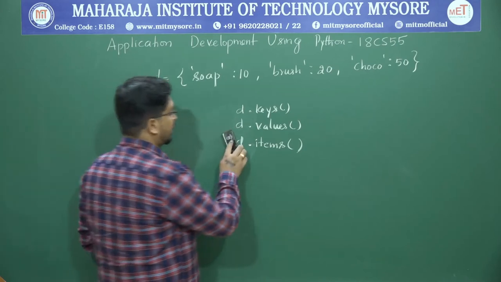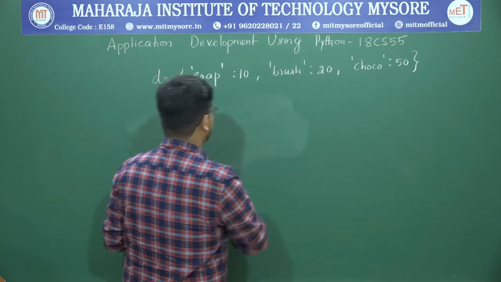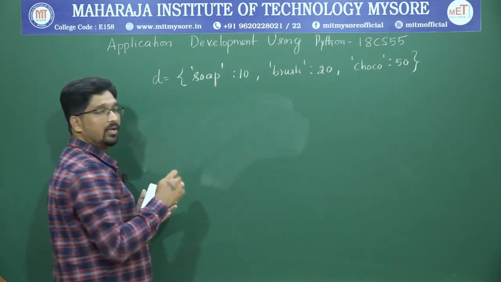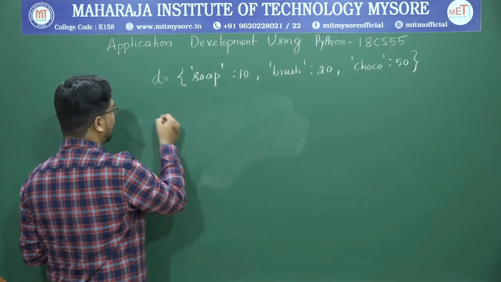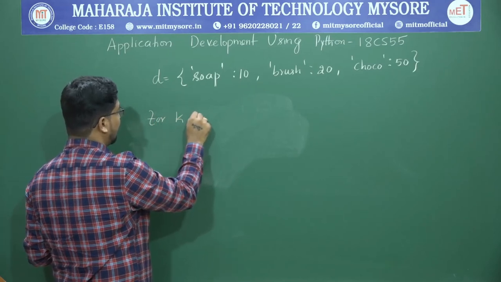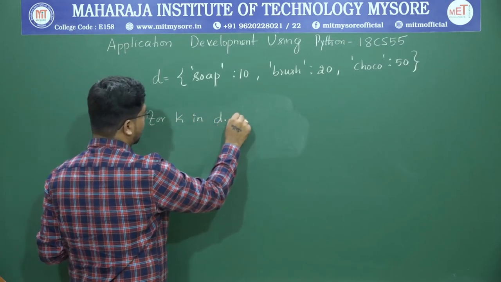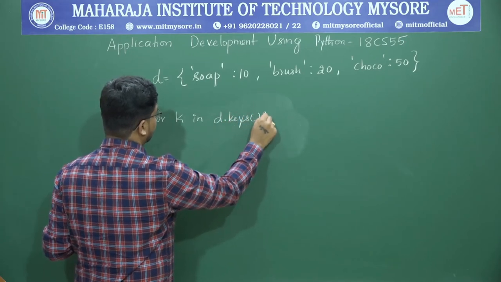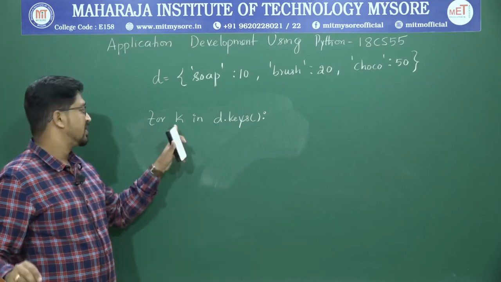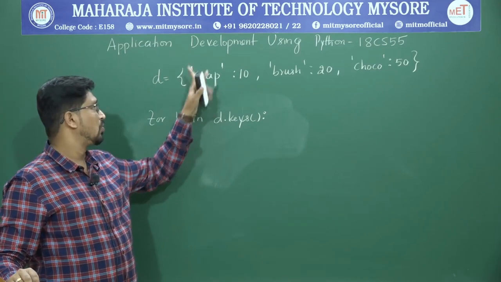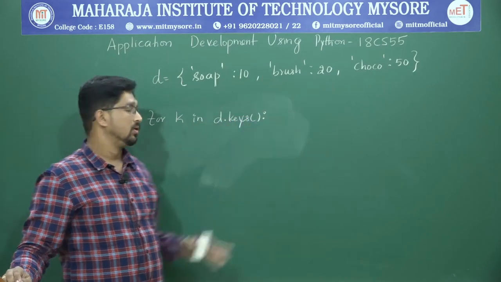Let us print all the keys. How to print all the keys? Again we need to go with a for loop, as I need to access them one by one. I am writing for k in d.keys(). This k is just an iterator variable, which points initially to soap, brush, choco, correct?